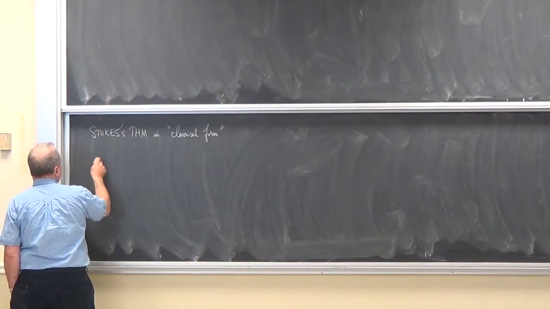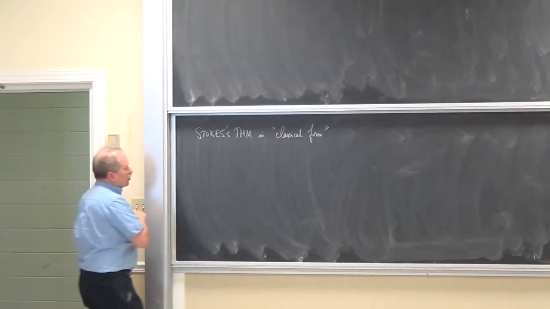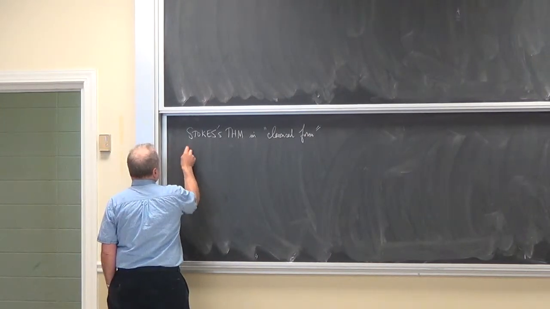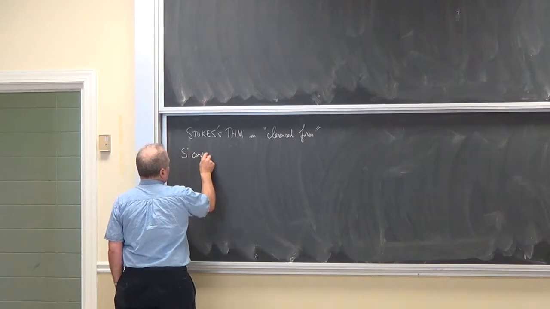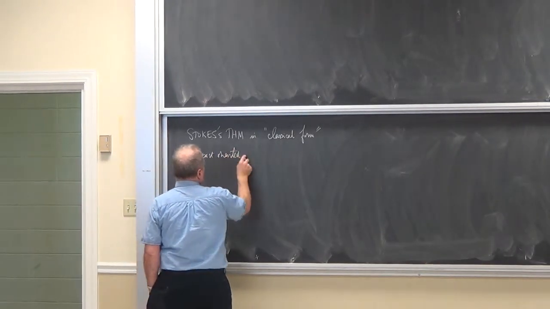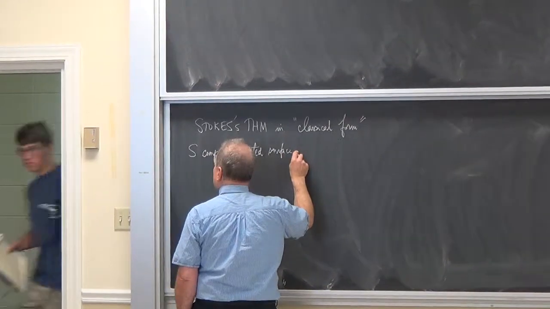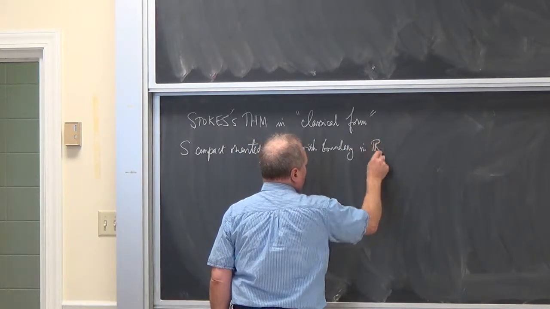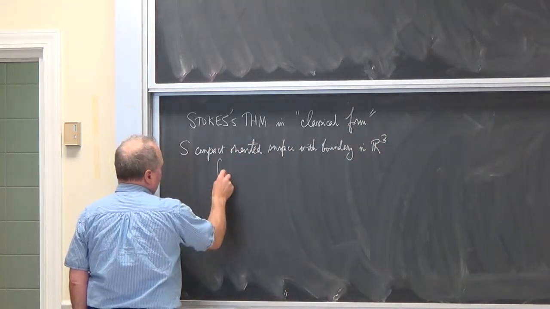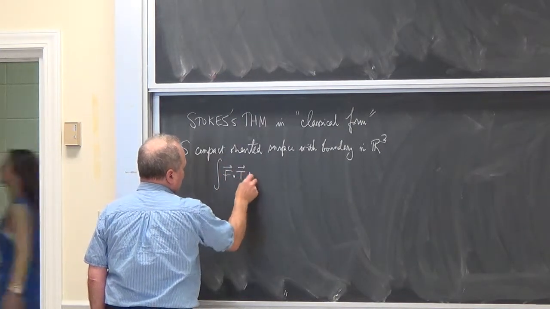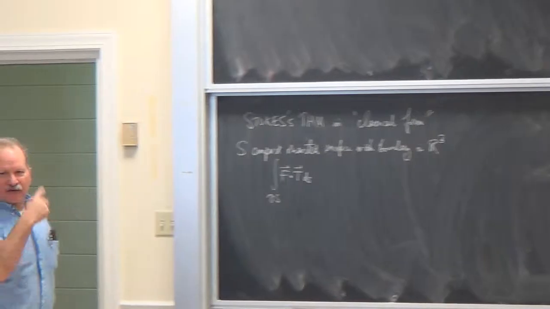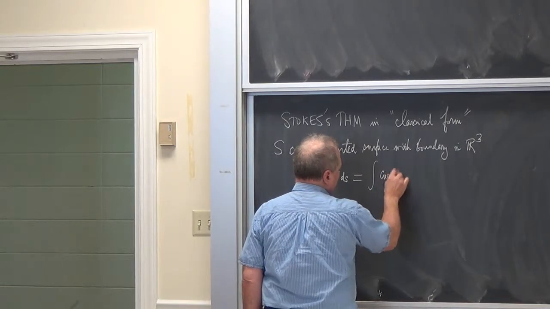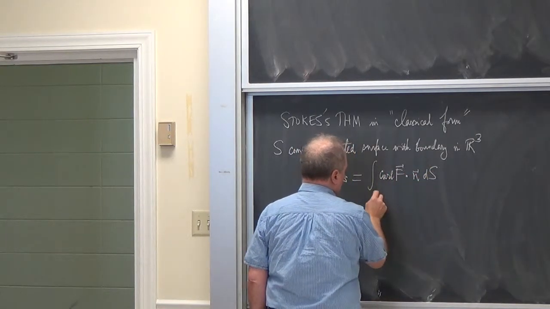So we said that if you took the case of a compact, oriented, two-dimensional manifold with boundary, you got that the integral of f dot t around the boundary, so that's the work done by f going around the boundary, is the flux of curl f across the surface.